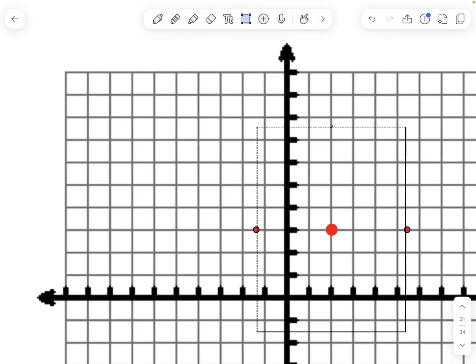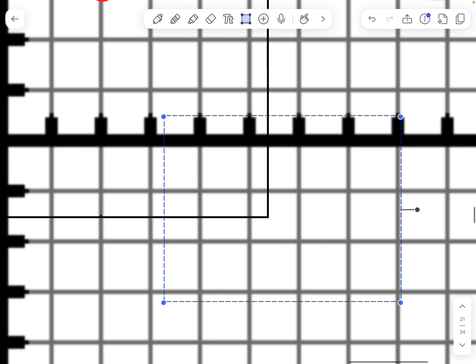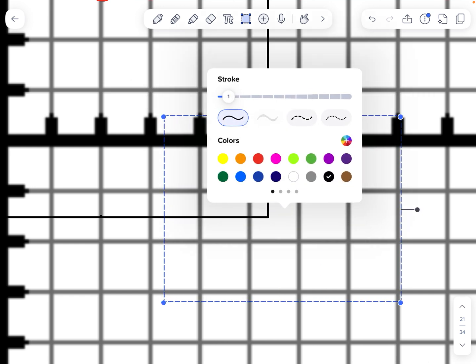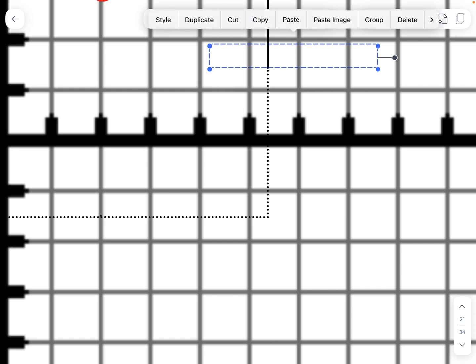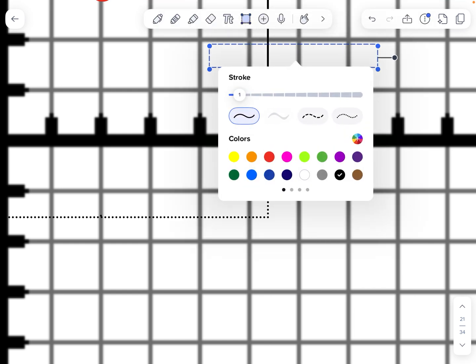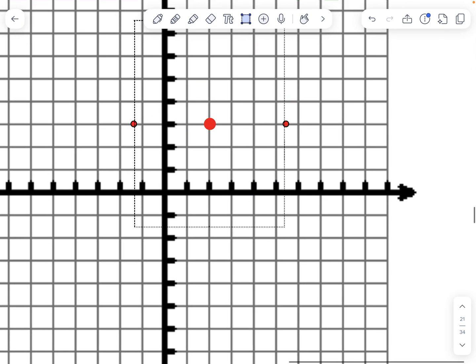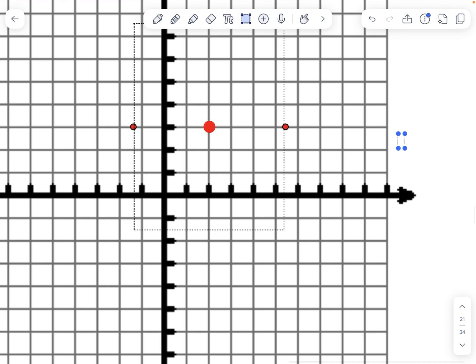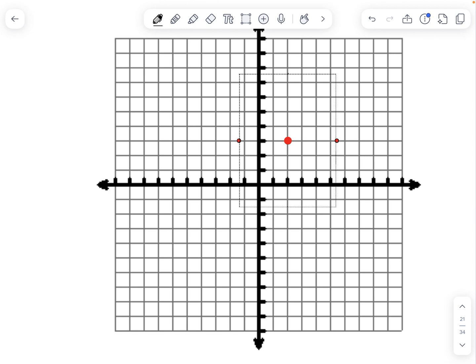And since these are asymptotes, they are going to be dotted. Time to draw the lines.